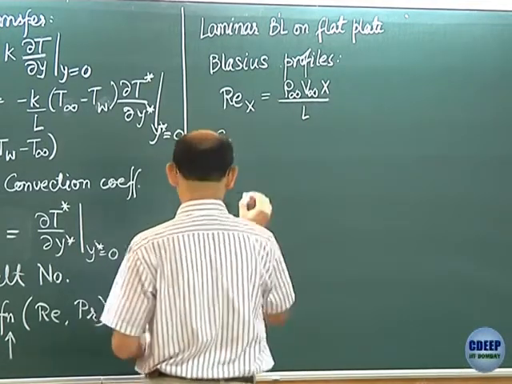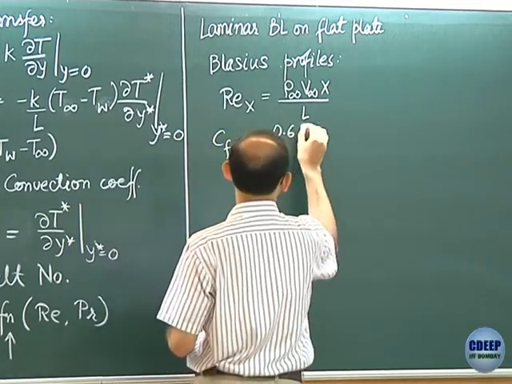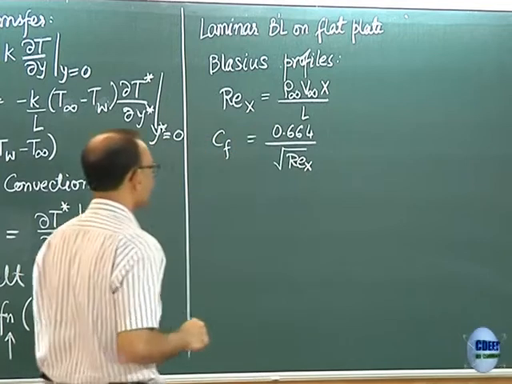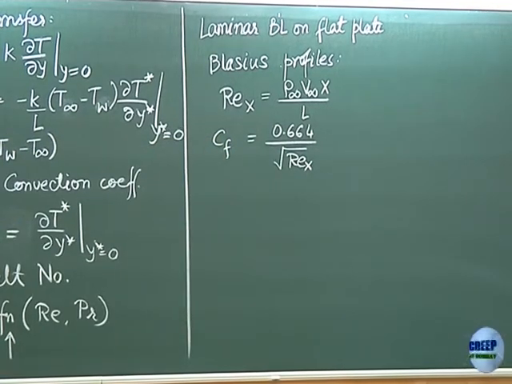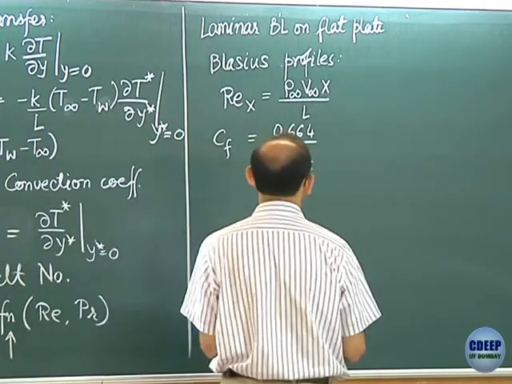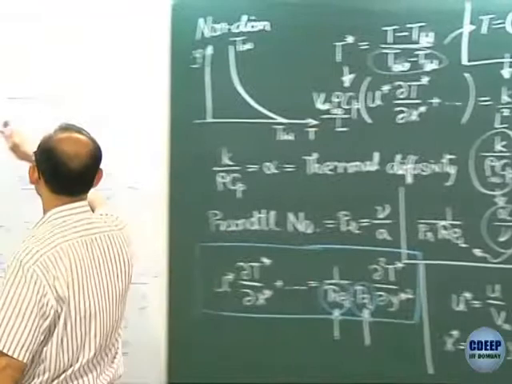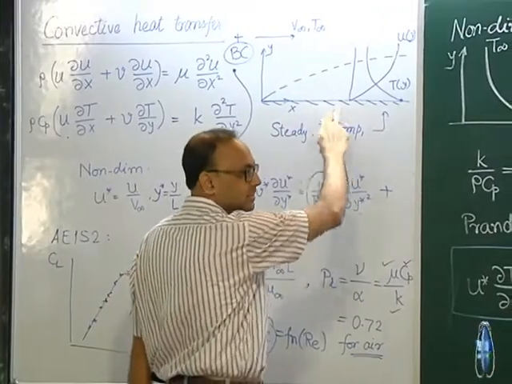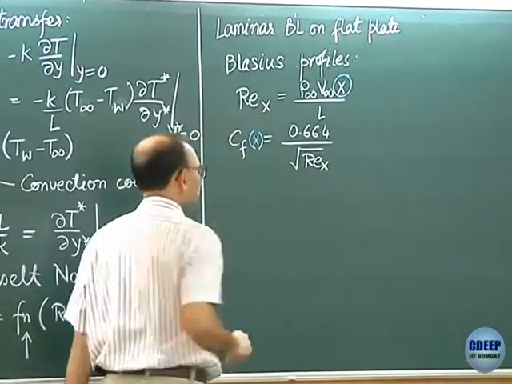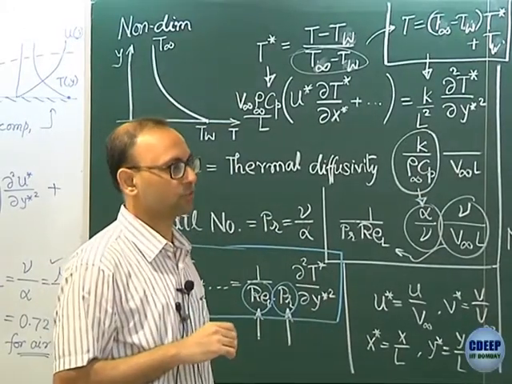And he said Cf equal to 0.664 over square root of REx. So REx is a Reynolds number defined based on x being the distance from the tip of the plate to wherever the location we are interested in. So Cf now is a function of x. Cf is changing from point to point. The shear stress would change from point to point on the plate as a function of x.